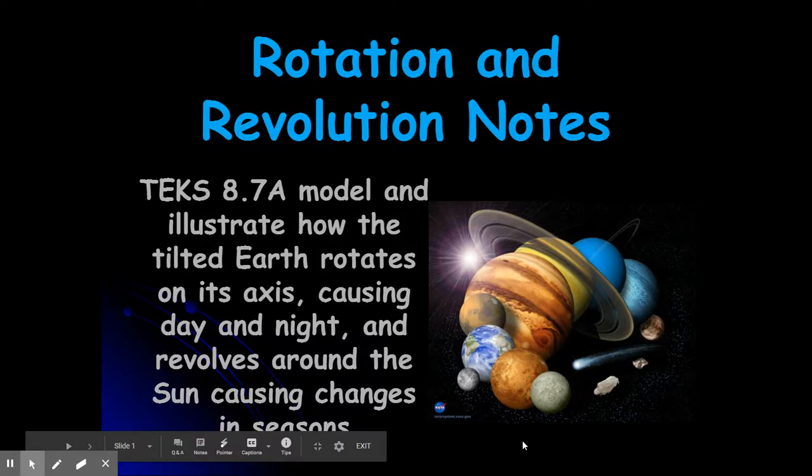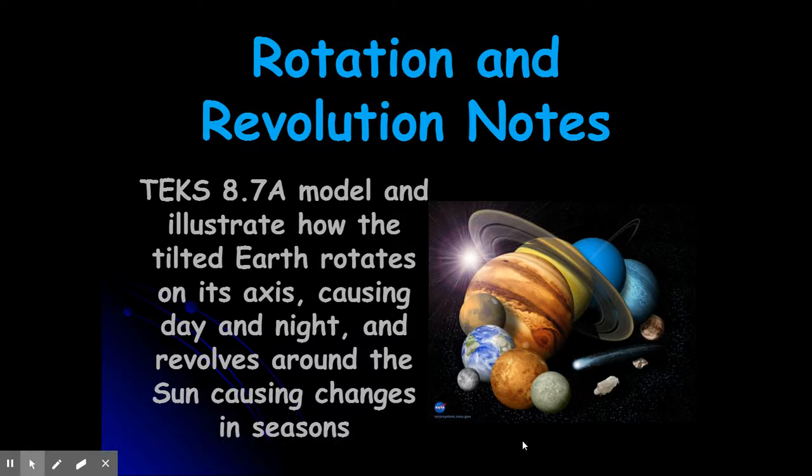All right, guys. Today we're going to start our conversation about astronomy, how the Earth, Moon, and Sun system operate, and then what are the phenomena or things that we see here on Earth because of the motions of these objects.